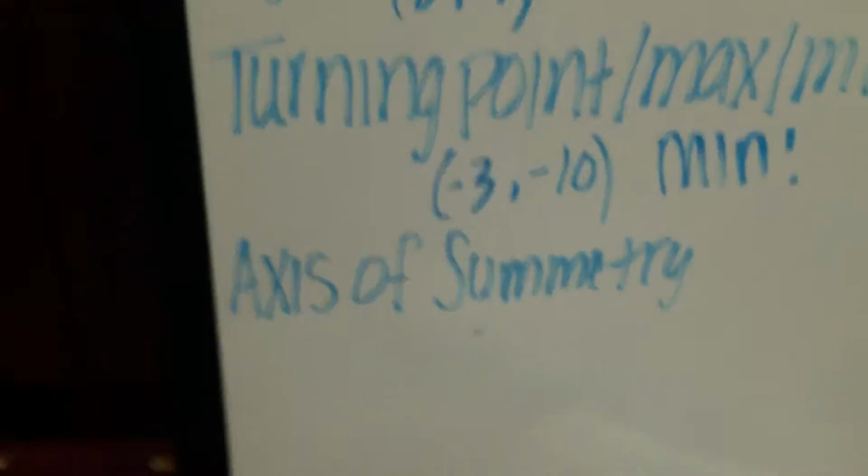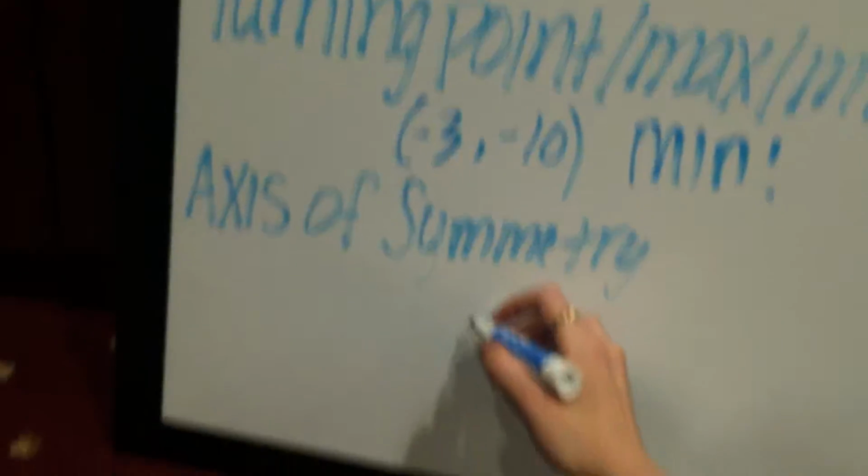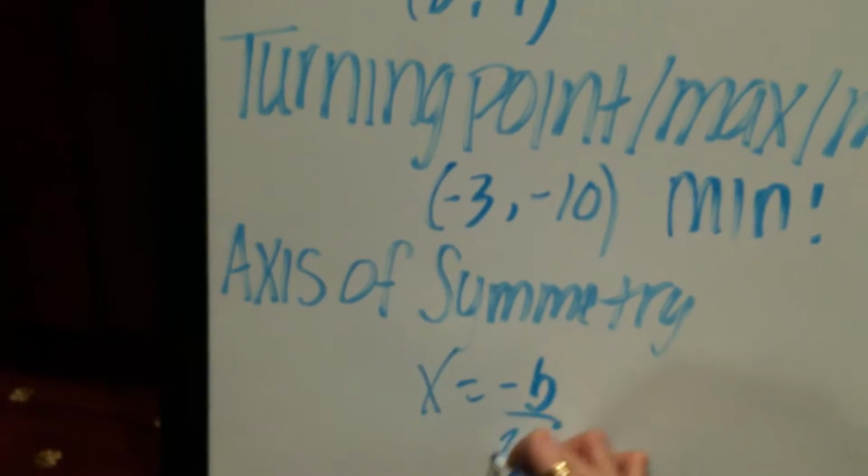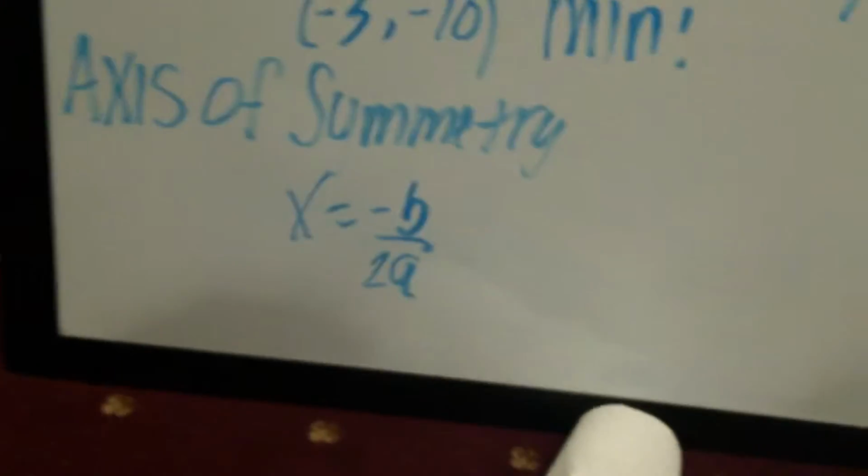Now, axis of symmetry. There's a formula. It is x is equal to -b over 2a. That is your formula.